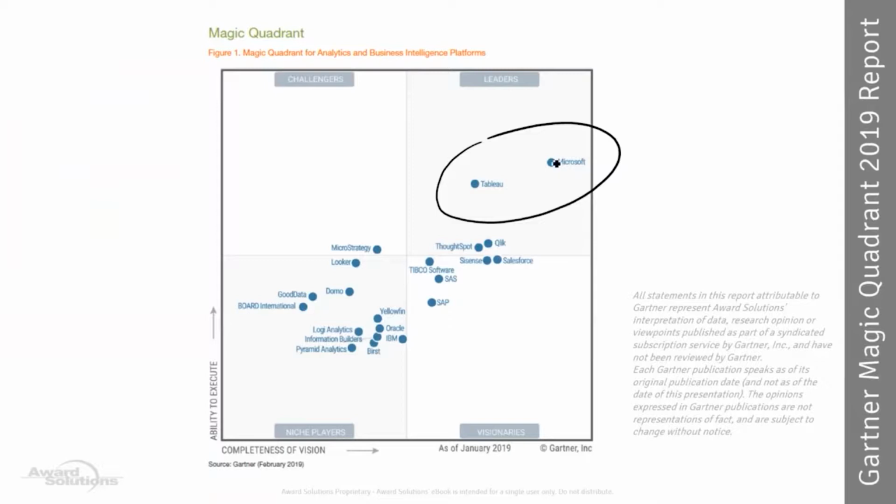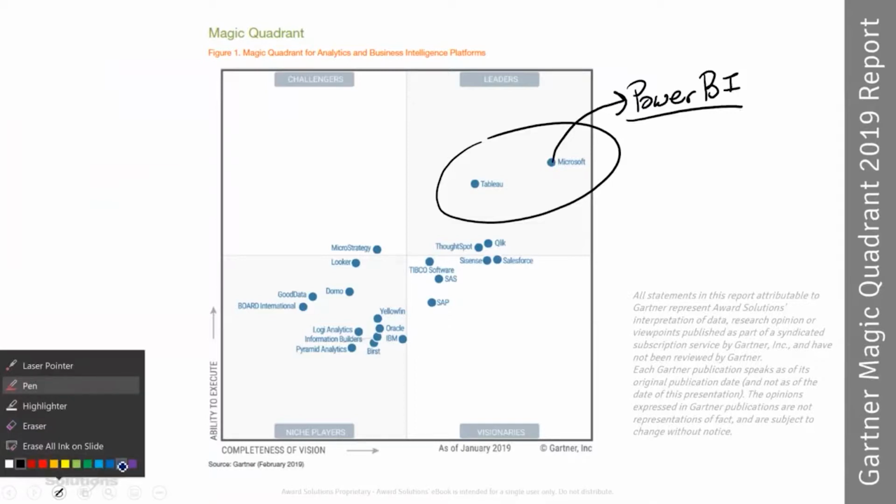And for Microsoft, what we're really looking at is Power BI. It stands for intelligence. We're going to show some examples using Power BI towards the tail end of our time together today.